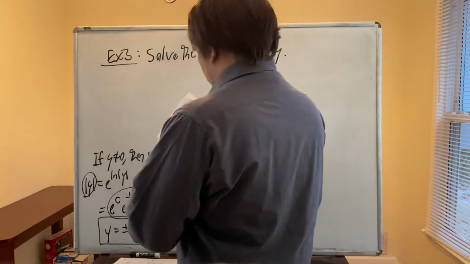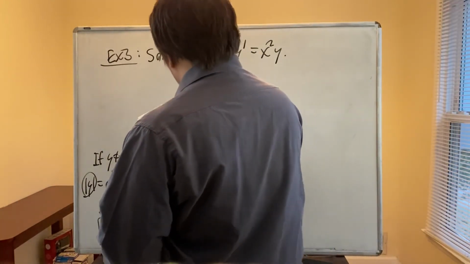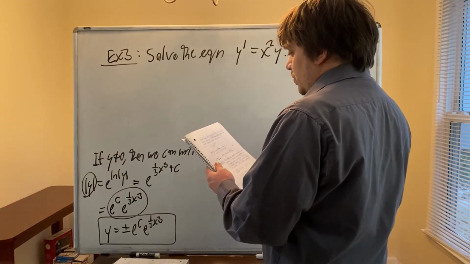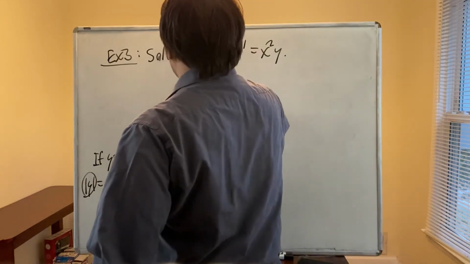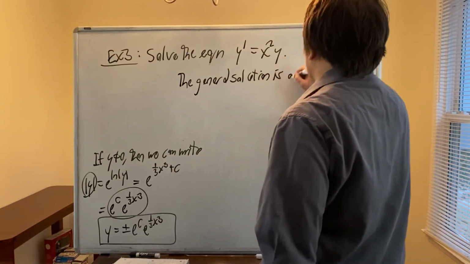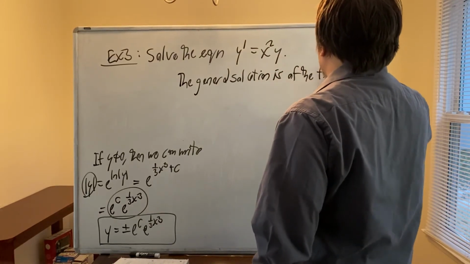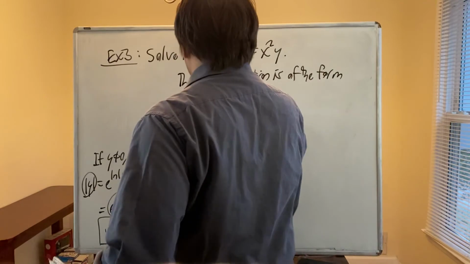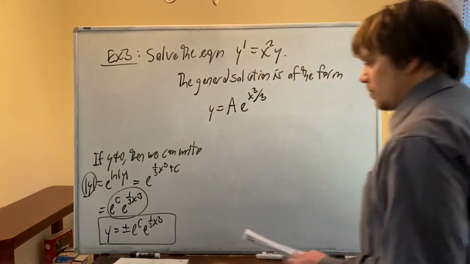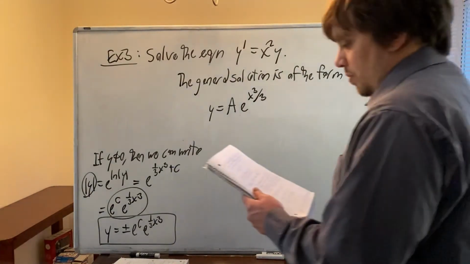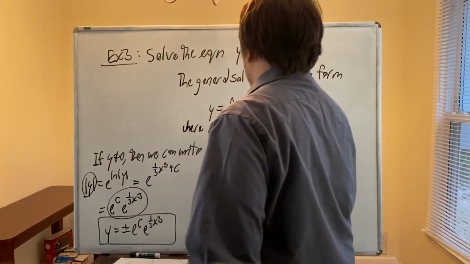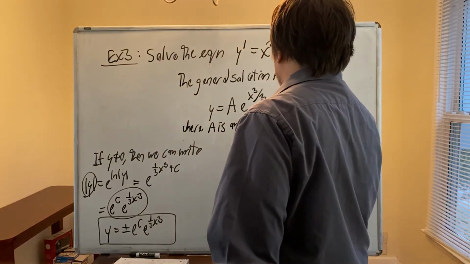So the general solution is of the form y equals capital A times e to the x cubed over 3, where capital A is an arbitrary constant.